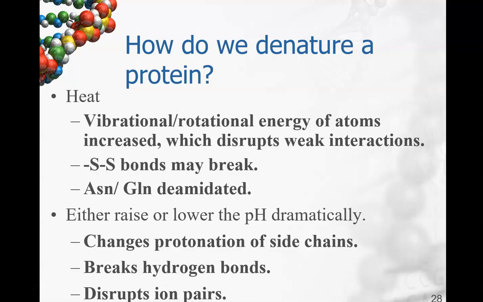And speaking of that, if we raise or lower the pH pretty dramatically, we can change the protonation of the side chains. Maybe you protonate something that shouldn't be protonated if you lower the pH, or you deprotonate if you raise the pH. And again, if any of those functional groups are involved in hydrogen bonds, you would break those bonds. Or maybe if you protonate or deprotonate a functional group, you could disrupt an ion pair.